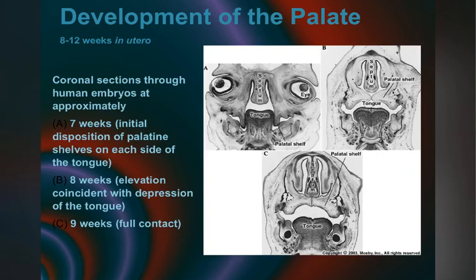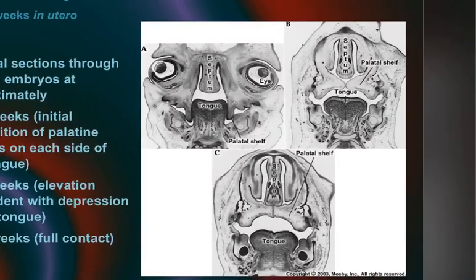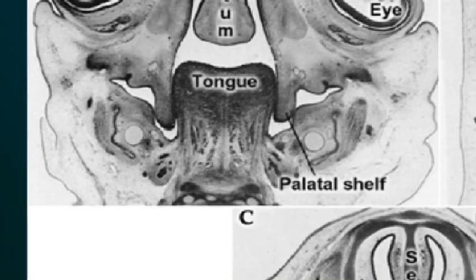Okay, here we see 3 stages of secondary palate development. First stage here, always look at the palatal shelves. Palatal shelves, vertical growth, week 7.